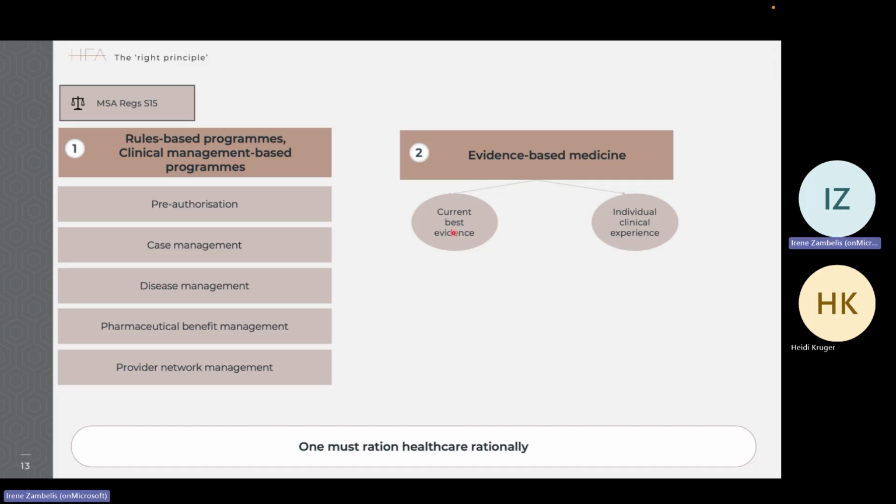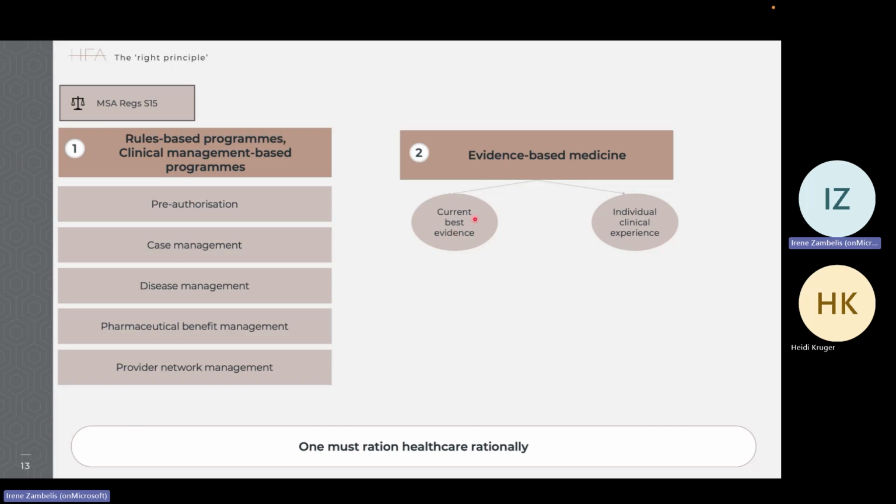And you need to show as a scheme that you've taken that into consideration. So if anybody asks you, what is the research you used to come to this decision, the scheme needs to make it available, either to the regulator, to the public, or to the beneficiary.